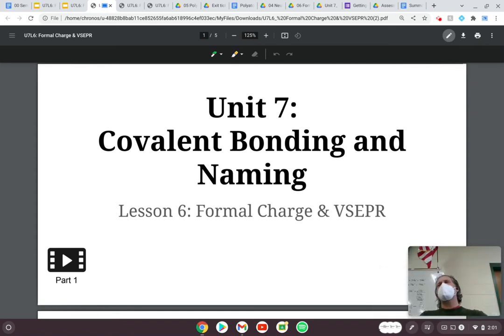So yesterday's lesson, we ended by talking about resonance structures. Just to review, resonance structures have the same chemical formula, but one particular compound can be drawn in a couple of different ways. Oftentimes, that means the same chemical formula might have a double bond or a triple bond that moves location.